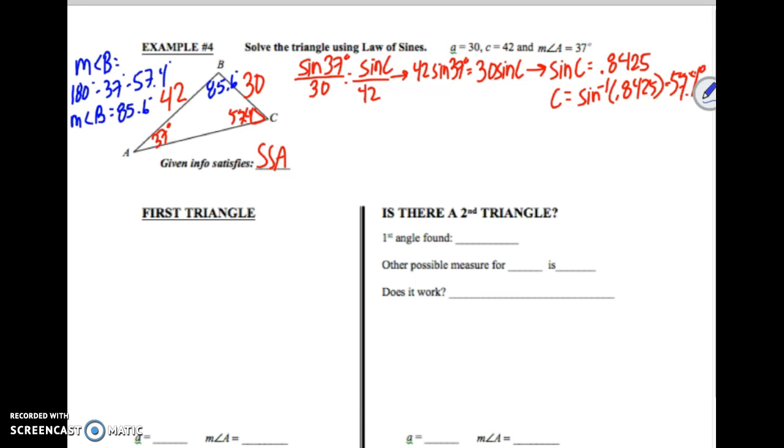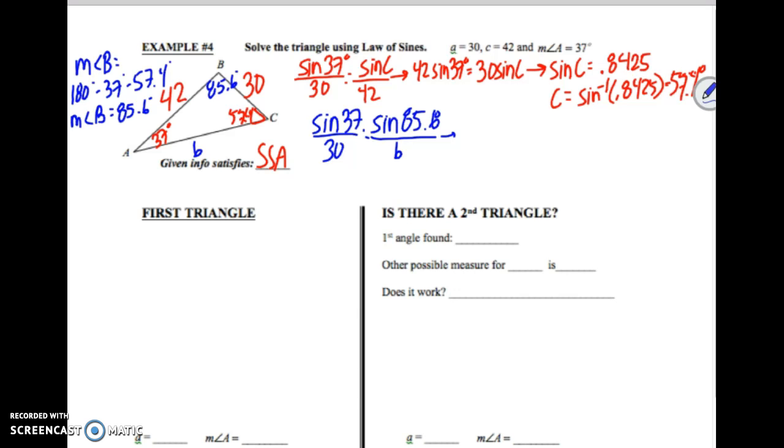So now to solve for our missing side length of B, you can take sine of 37 over 30, which is the angle A and side length A, set that equal to sine of 85.6 degrees divided by b.